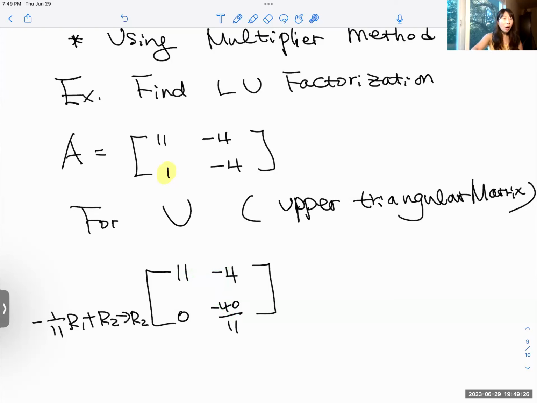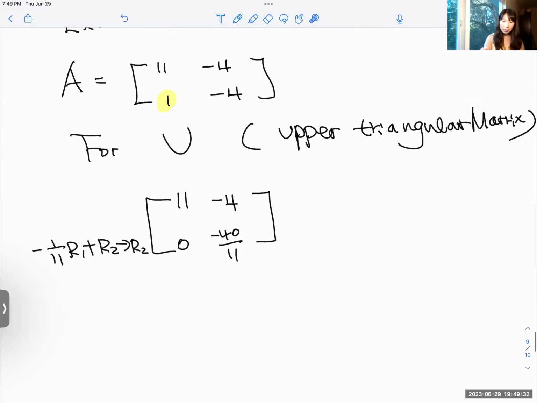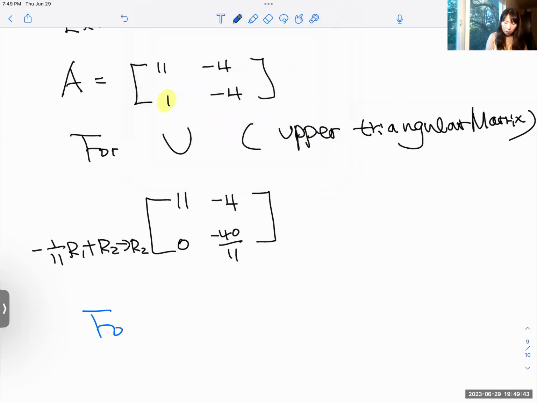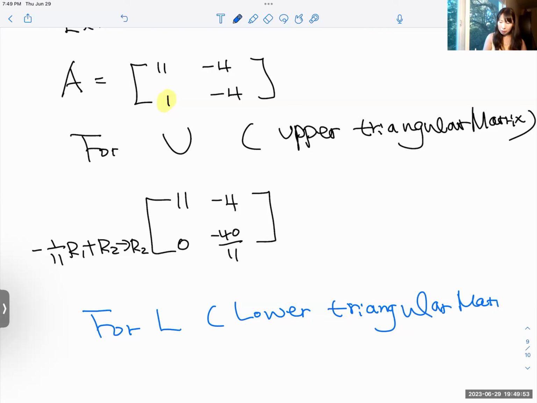But how do we make the lower triangular matrix? Let me write it down for lower triangular matrices.